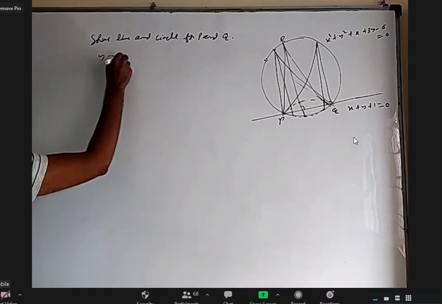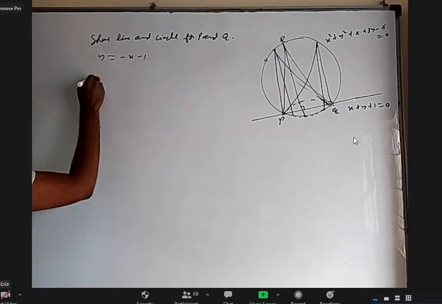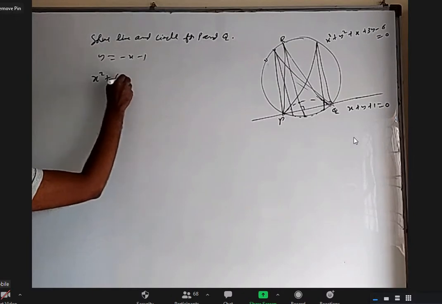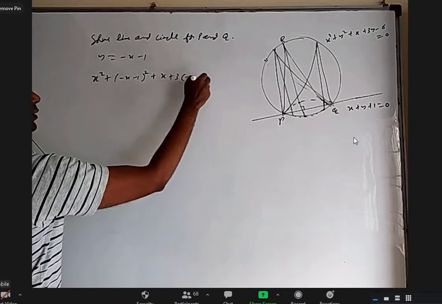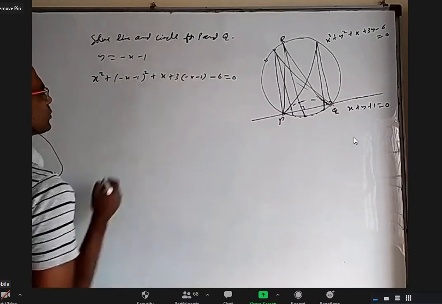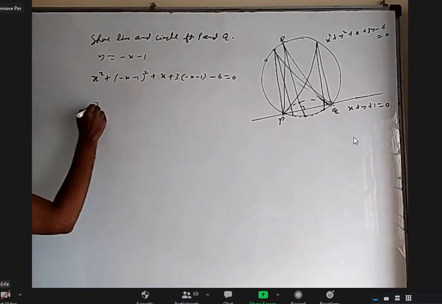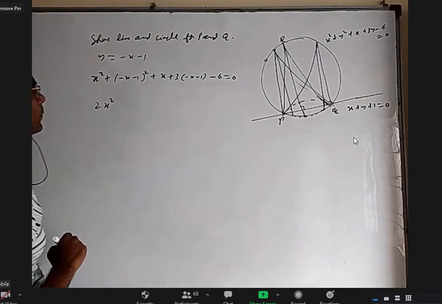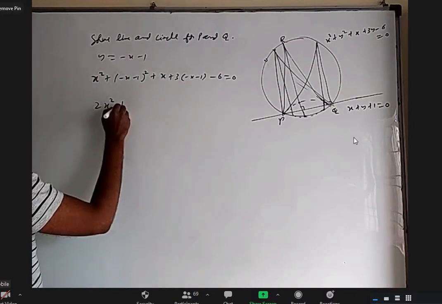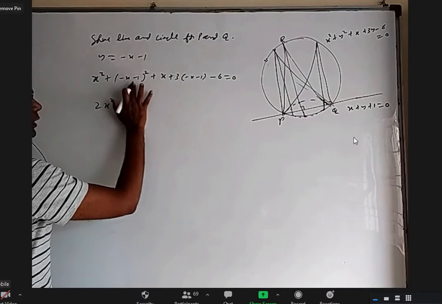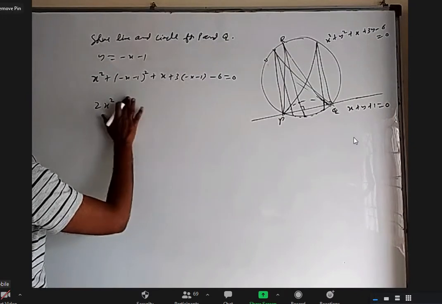So y is equal to minus x minus 1. So x square plus minus x minus 1 whole square plus x plus 3 times minus x minus 1 minus 6 equal to 0. If I expand this, I'll get x square plus x square, 2x square, plus 2x, minus 3x plus 3x, x got cancelled.